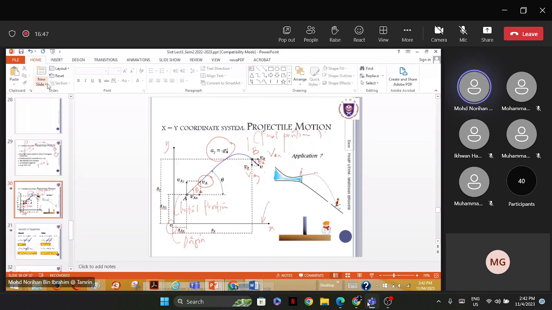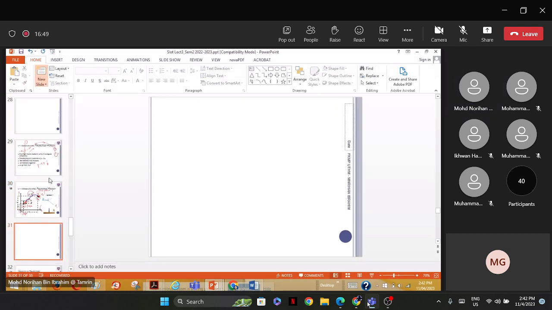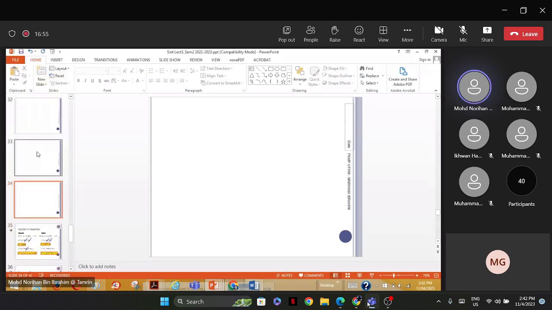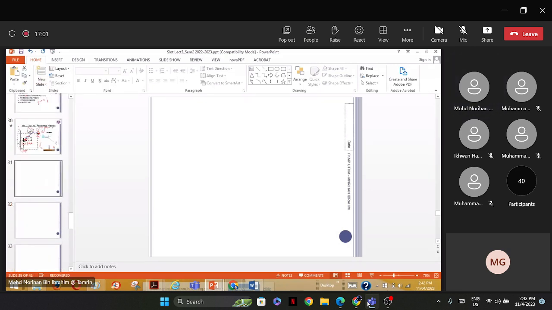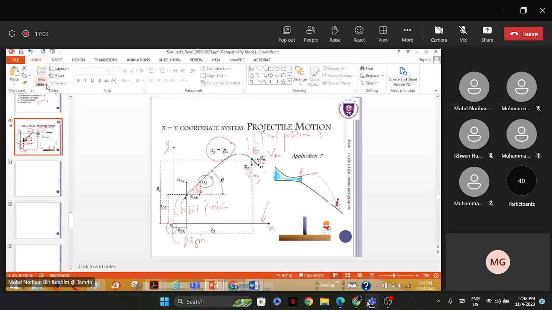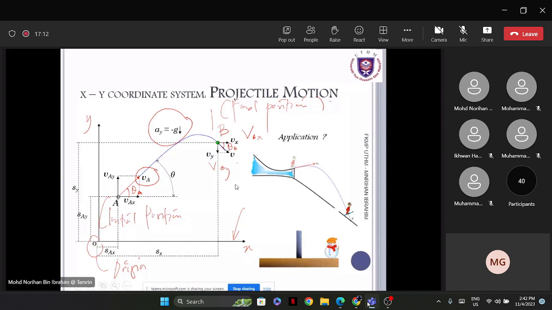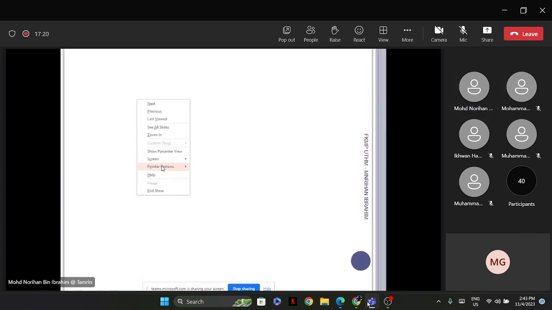Let me add several blank slides so that I can explain further how to do the procedure of analysis when we deal with this kind of projectile motion.